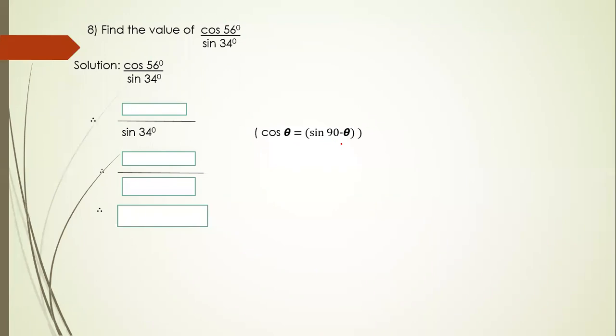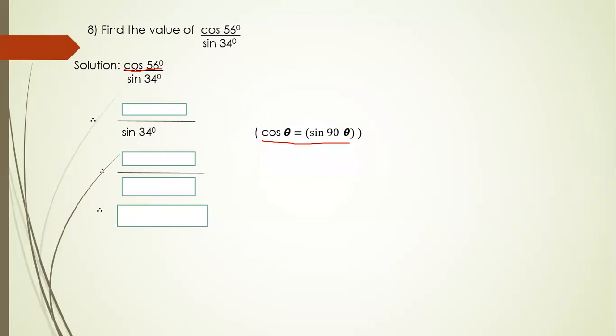So this formula we have to use in this box, right? So here you can see in numerator we have cos 56, and the formula is also related with cos theta only. So this formula we are going to apply in this box.